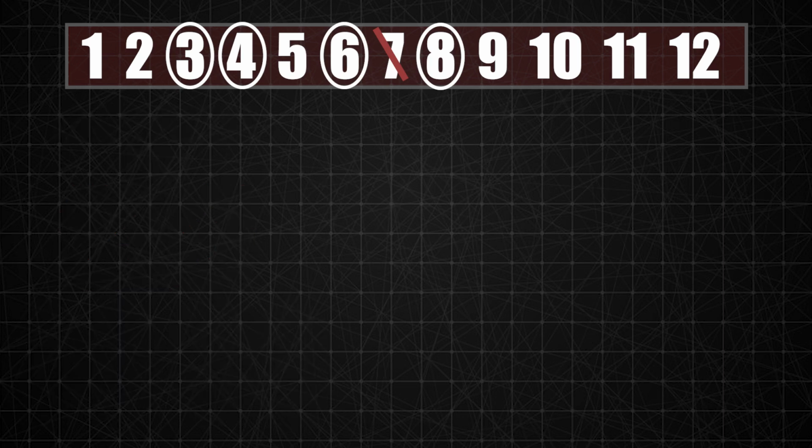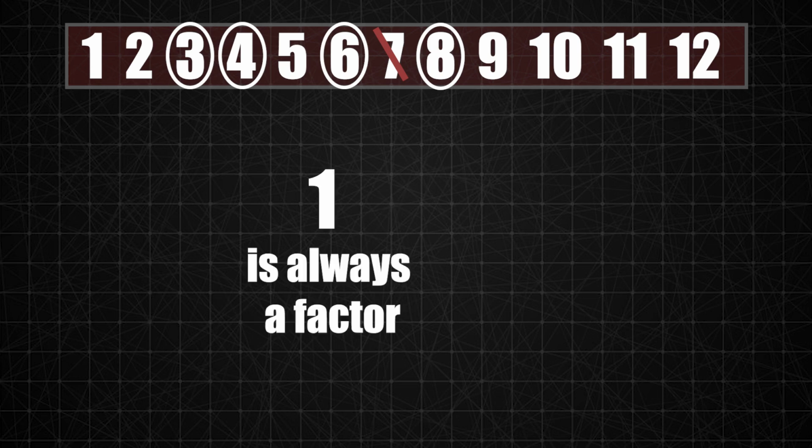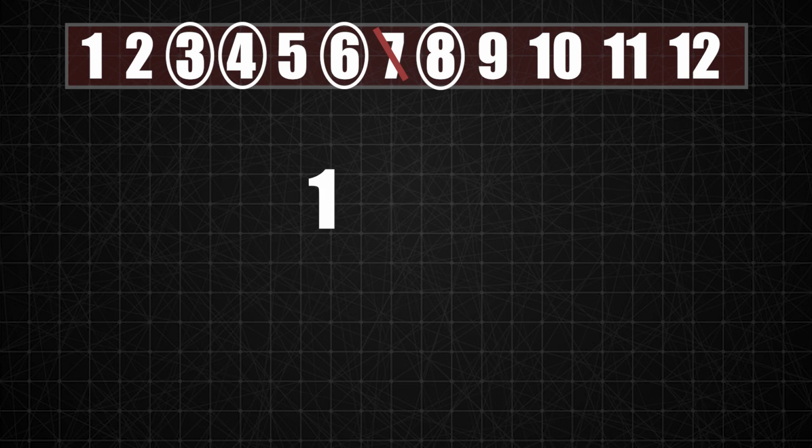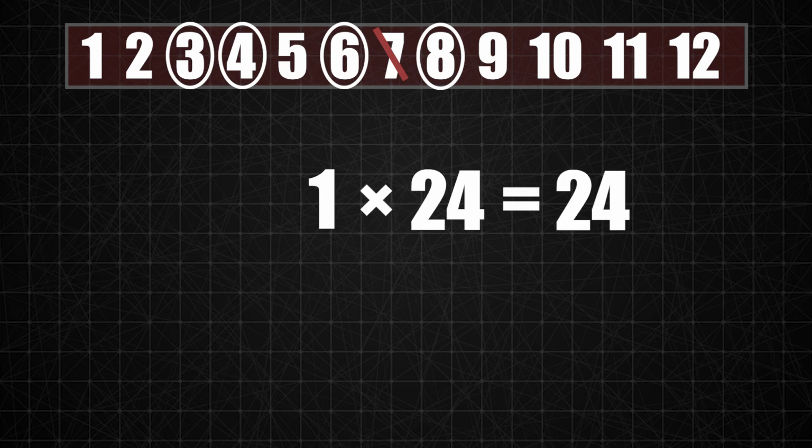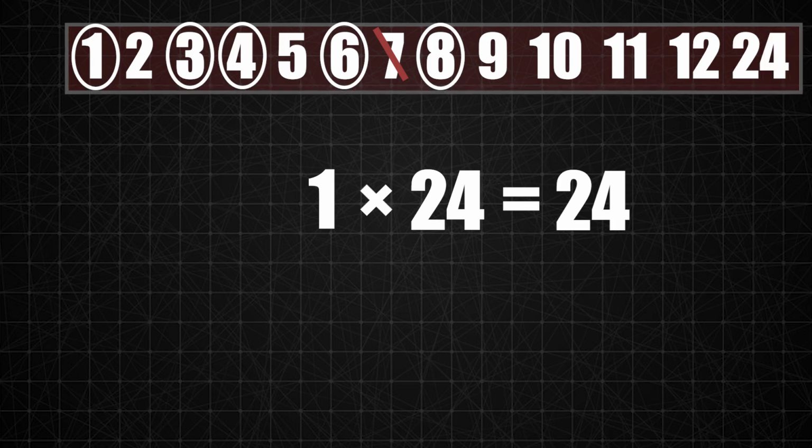Alright, so for the numbers we haven't tested yet, let's start with 1. So 1 is always a factor. And since 1 is a factor, then that means 24 is also a factor because 1 times 24 equals 24. Now, it might sound crazy that a number is a factor of itself, but it always is the case. Knowing that helps you start listing your factors because you always are going to have 1 and the number itself.